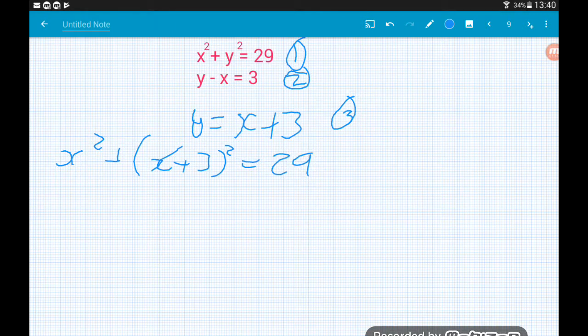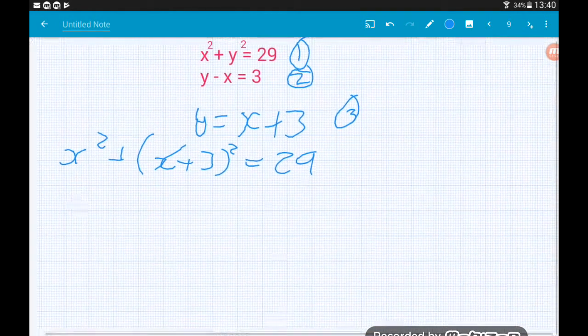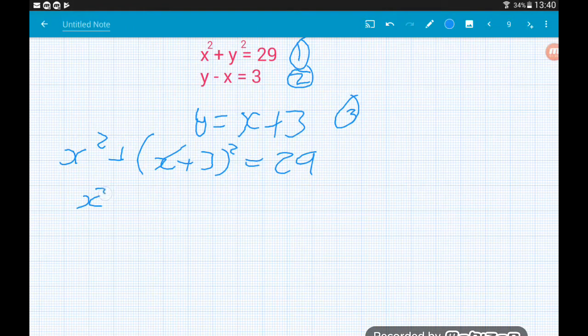So the y in equation 1 has become x plus 3. So now if we expand that bracket, the left hand side is going to be x squared plus x squared plus 6x plus 9, and that's all going to equal 29.